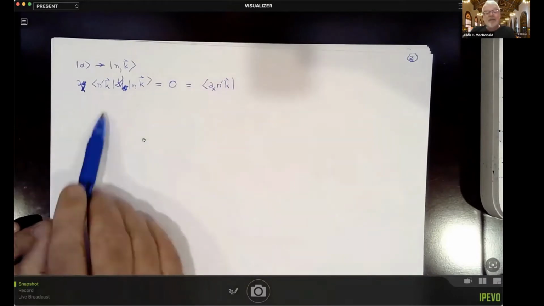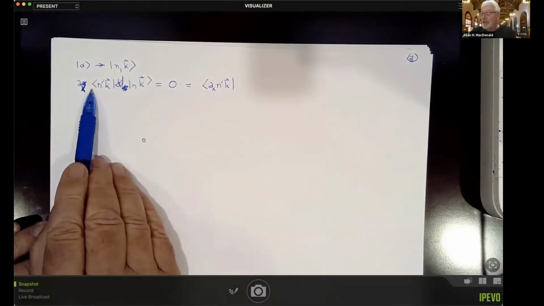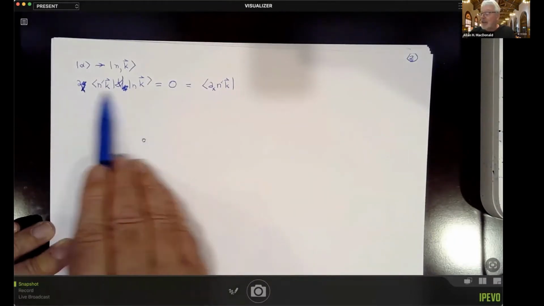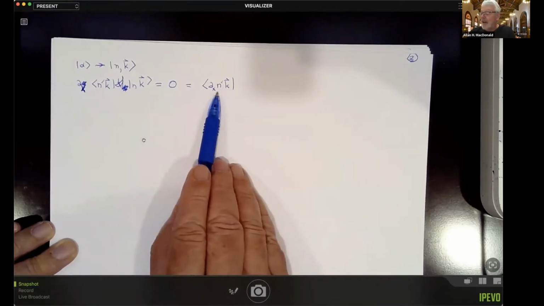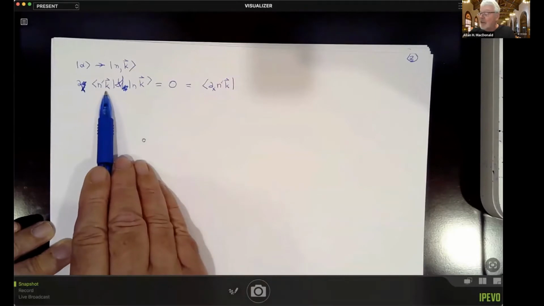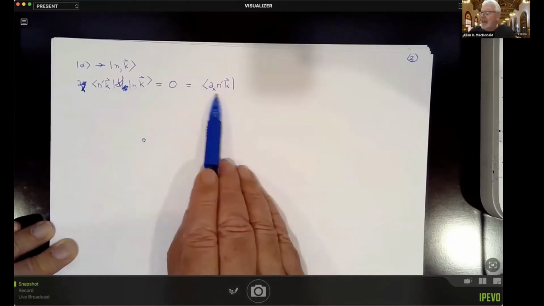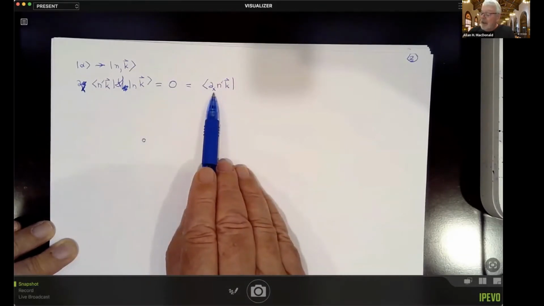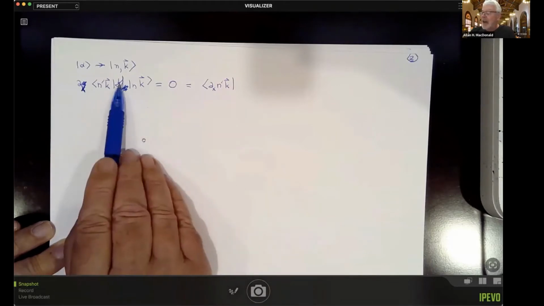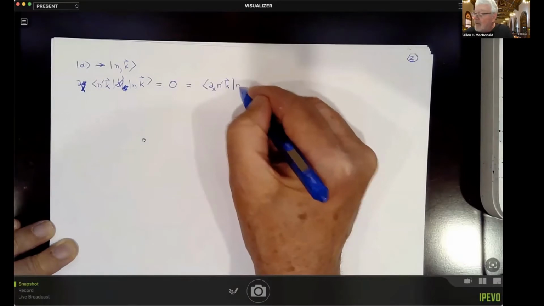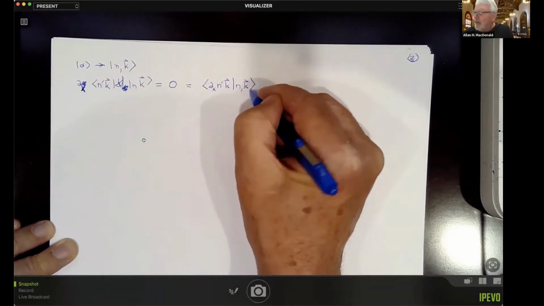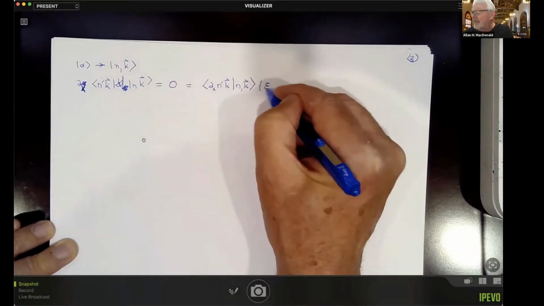So for example, if we apply the product rule to this derivative we're taking here, if we differentiate with respect to the wave function on the left, then we can let the Hamiltonian act to the right, and we get a factor of energy.